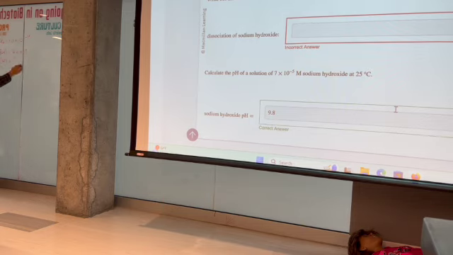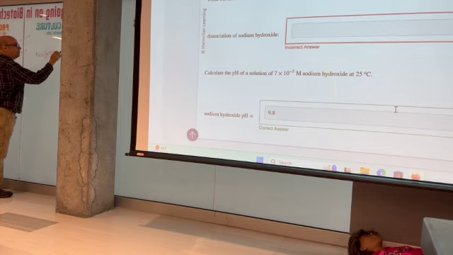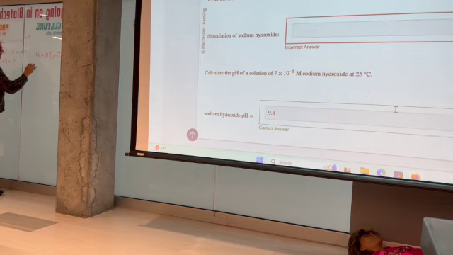And finally, we know that the Kw equals the product of the two ions, H plus times OH minus. So the concentration of H plus is going to be equal to the concentration of OH minus divided by the Kw.